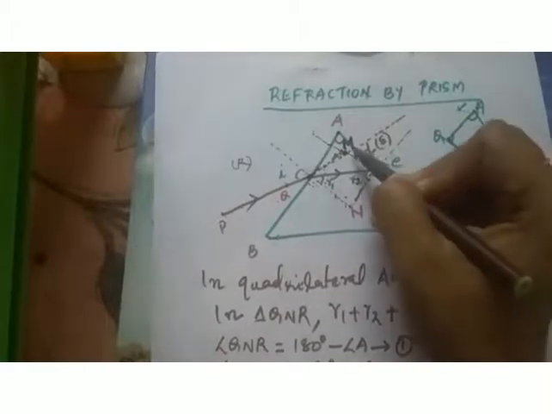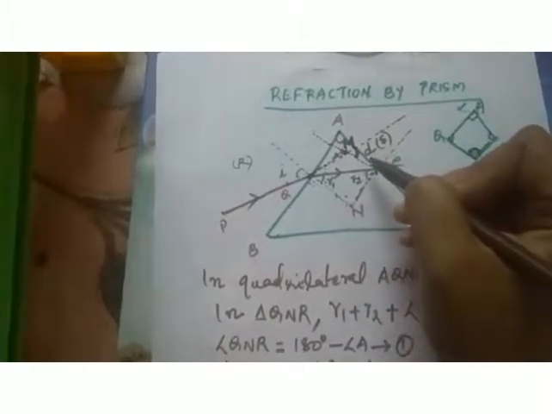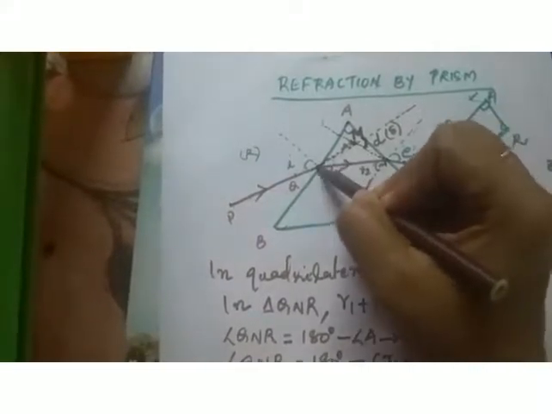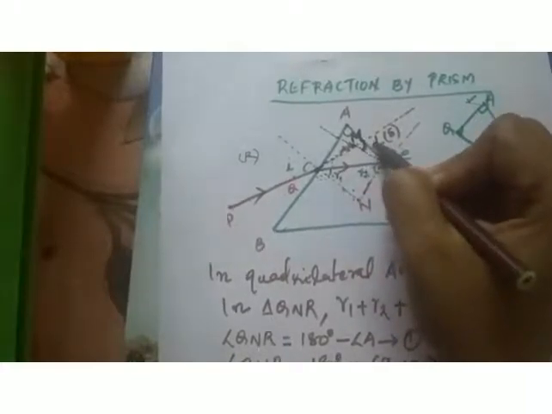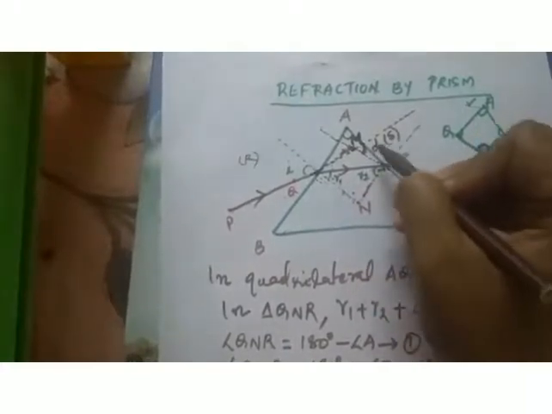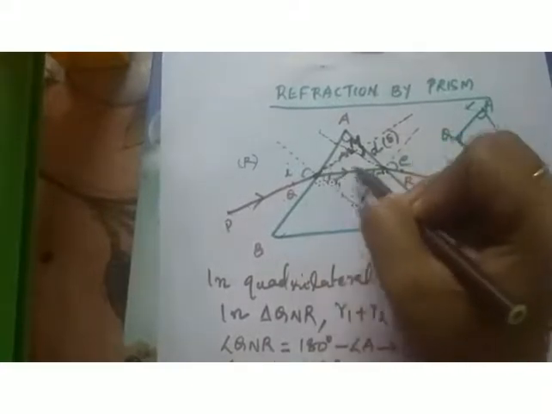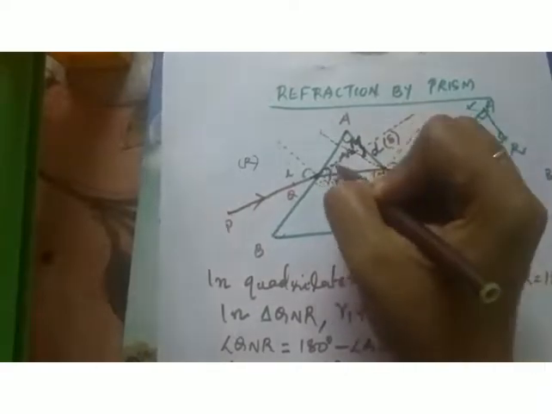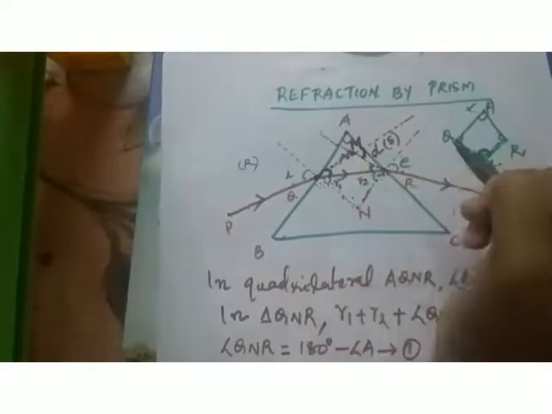Again, for triangle QMR, this angle of deviation is an exterior angle, right? For angle QMR, this angle D is an exterior angle, and you know exterior angle will be the sum of two interior angles. So here let this be the interior angle, and let this be our next interior angle.